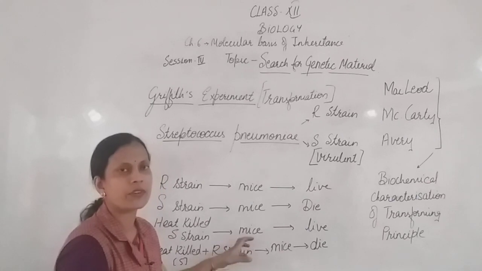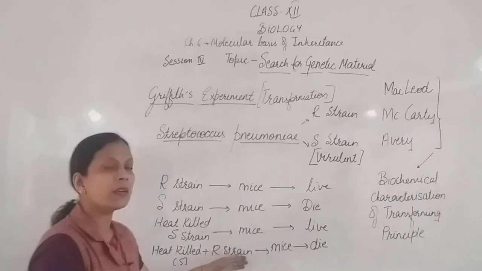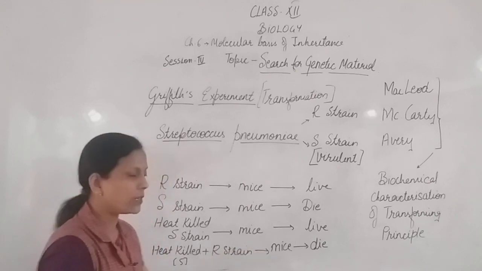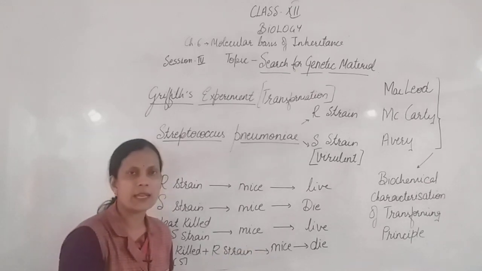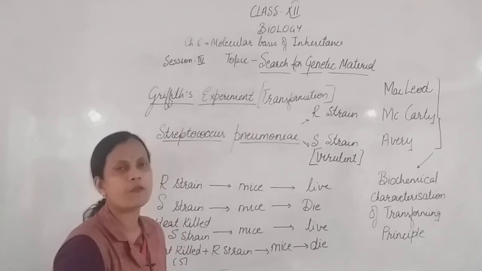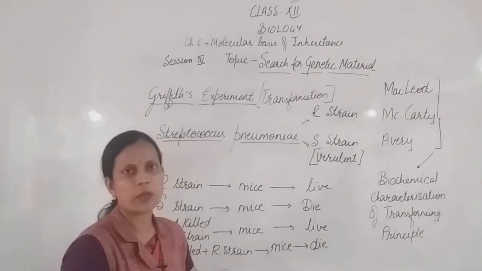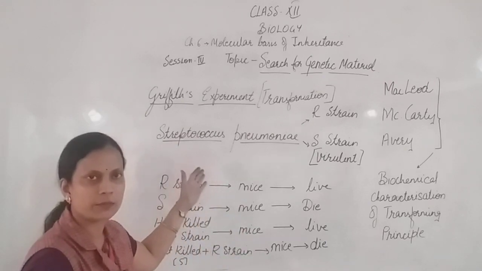The R strain got transformed. This he called transformation, and he gave the transforming principle. So something entered the R strain from the S strain and converted it into a virulent form, and this caused the mice to die. So this was the transforming principle discovered by Griffith.